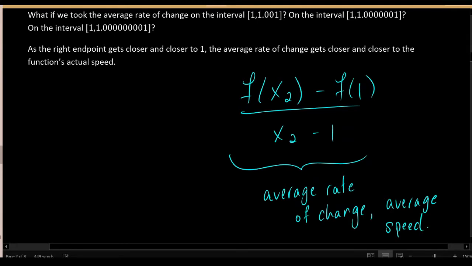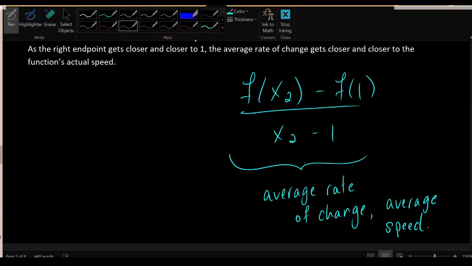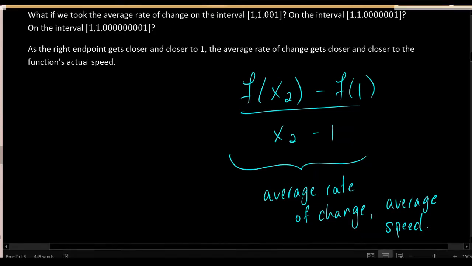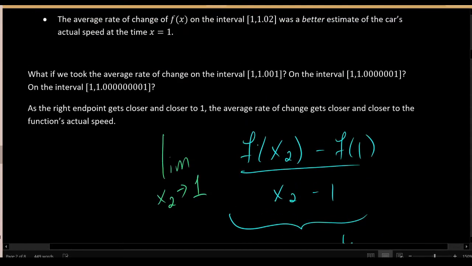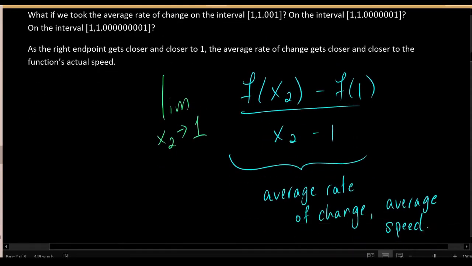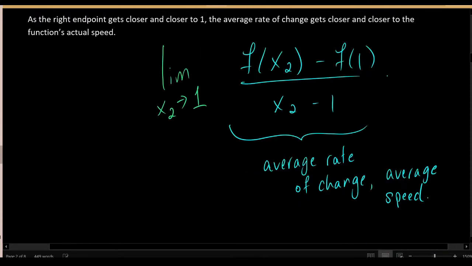But in order to make that average rate of change into a perfect representation of the car's actual speed at the instant when the time was 1 unit, I'm going to apply a limit. And I'm going to force the right time endpoint, x2, to get closer and closer to the time 1. I'm going to squeeze that time interval and make it smaller and smaller and smaller. And I'm going to do that by using a limit.